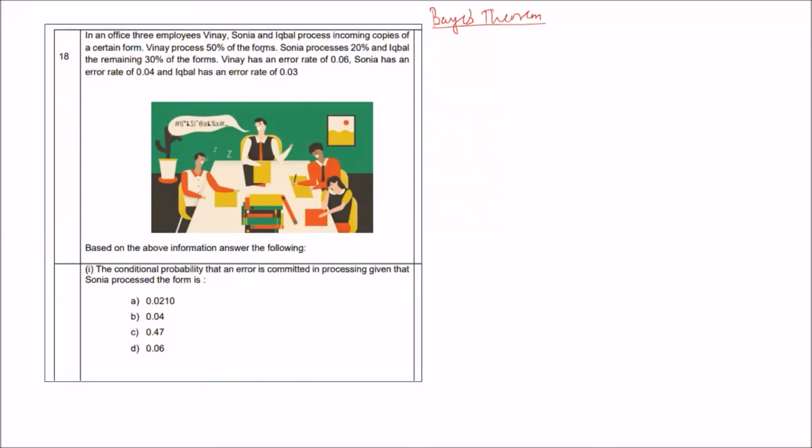Binoy processes 50% of forms, Sonia 20%, and Iqbal 30%. Binoy also commits error 0.06, and Sonia 0.04, and Iqbal 0.03.